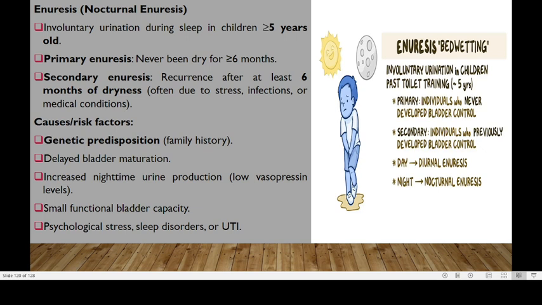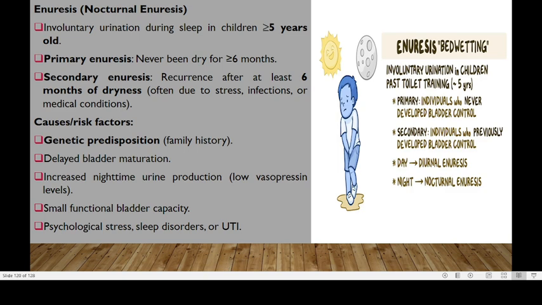When you talk about primary enuresis, it means this child has never been dry for more than 6 months, right? Secondary enuresis, this is the recurrence after at least 6 months of dryness, right? And this could be due to stress, infection, or a medical condition.